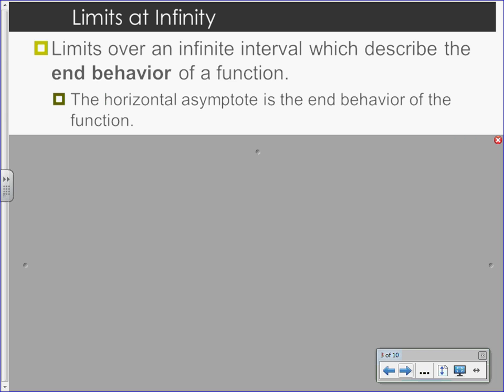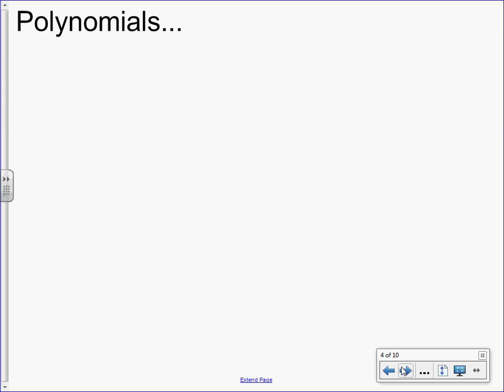Now, before we get into our rational functions and figuring out where asymptotes are, I want to talk about polynomials. We know how to determine the beginning and ending behavior of polynomials, correct? What's that test called? It's called the leading coefficient test.